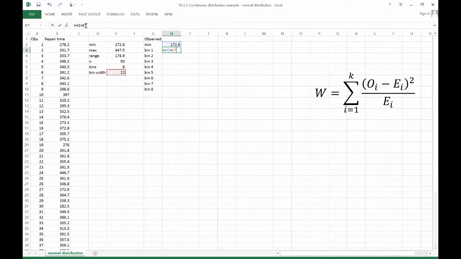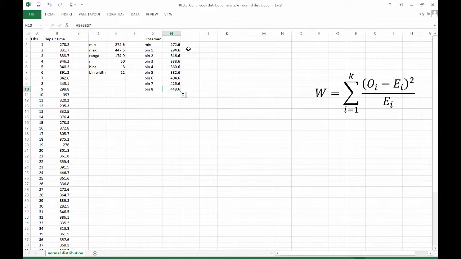And we want to hold that cell constant whenever we drag that down. So the upper bound on bin 8 is going to be 448.6, and that captures the maximum value that we have in our set of observations. Okay, so now we have the upper bounds on all of the bins.